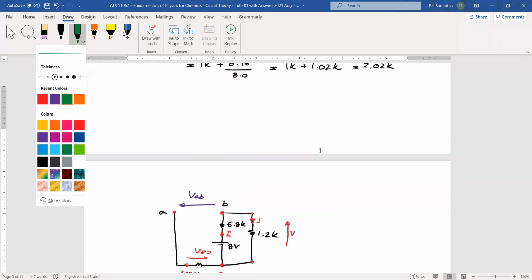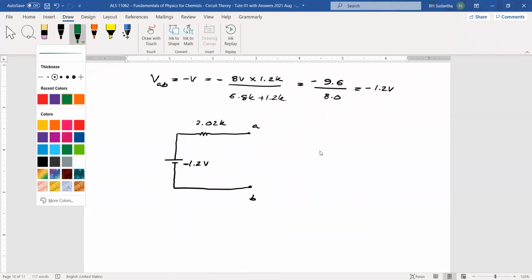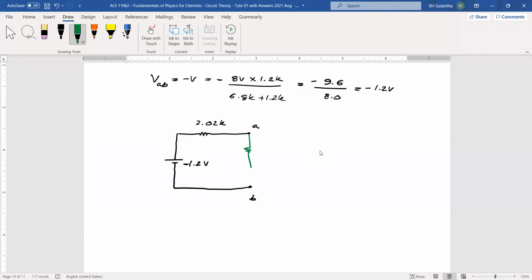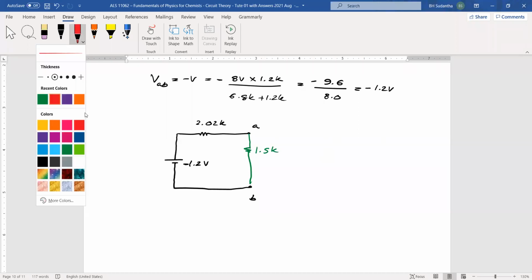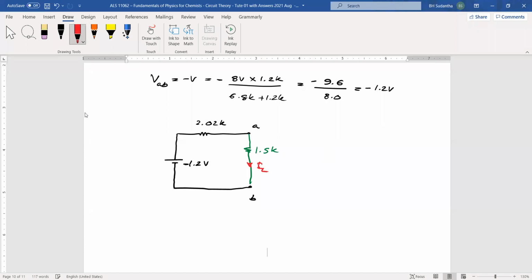It's 1.5K. Okay, and we can find the load current. IL equals minus 1.2 volts divided by 2.02K plus 1.5K.